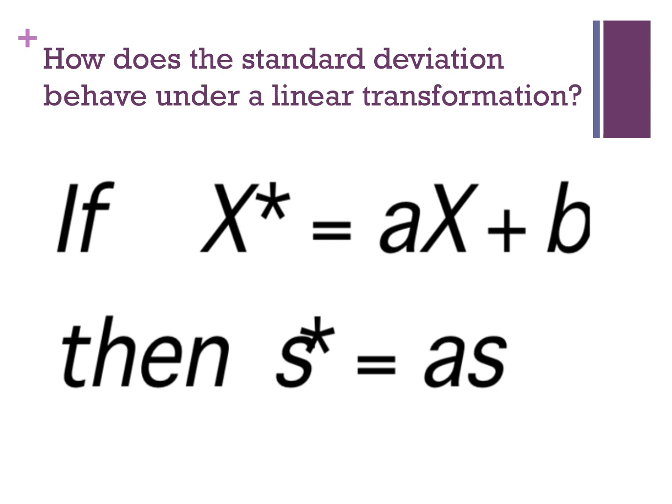In other words, a times the standard deviation. So this star, we interpret that as linear transformation. So a linear transformation of the standard deviation equals the constant a times the standard deviation.